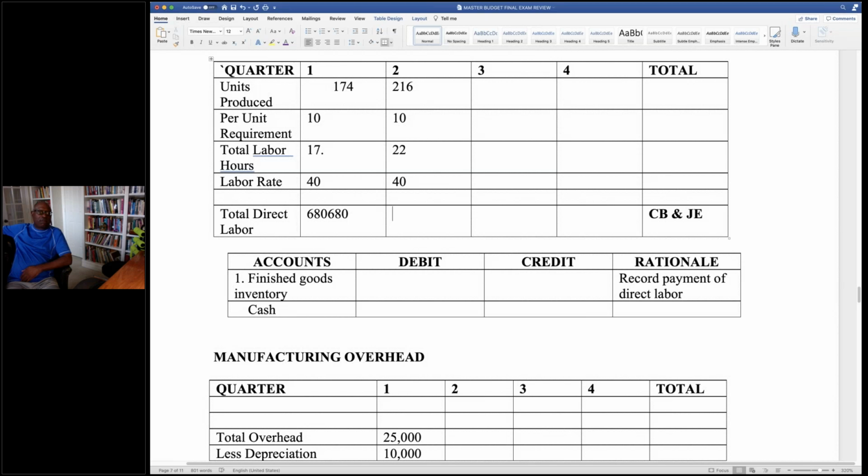All I got to do is multiply 40 times 22. You said 40 times 22? That might be all you have to do. If somebody worked 22 hours and they were paying $40 an hour, why that number so big? You got the 680 over there twice. Take out one of your 680s on the other side.